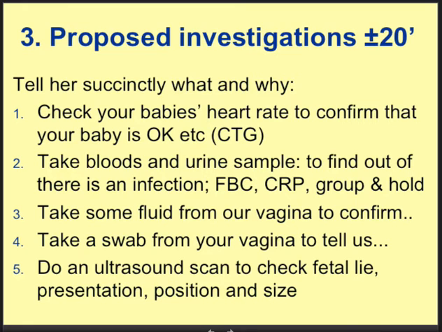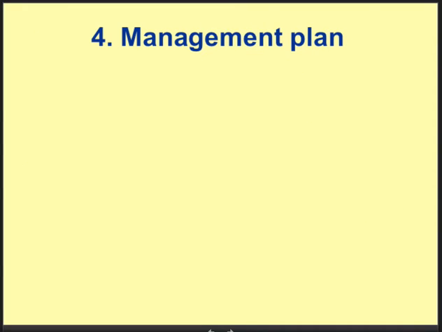Take some fluid from your vagina to confirm that the water has broken. 4, I take a swab of your vagina to tell us what antibiotic we might want to use in the future. And if available, I'd like to do an ultrasound scan to check the fetal lie, presentation, position and size, and well-being. Well, hard work within 20 seconds.